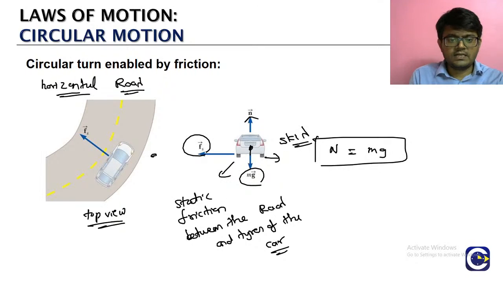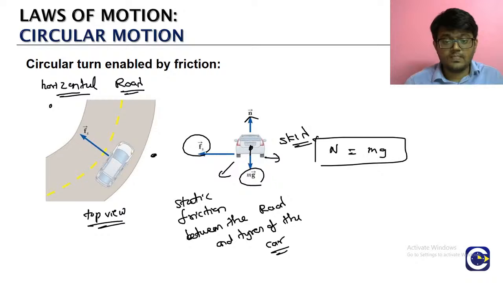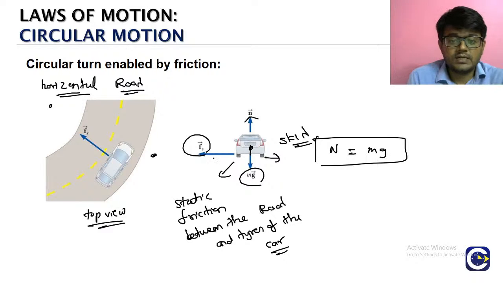If the center of the circle is towards the left side, imagine like here, then if the force is not there to enable it to get the centripetal acceleration, the car will try to skid away. So thereby the friction comes into play. The friction will be static friction. It will try to stop the skid. The static friction will now be acting towards the center of the circular turn.